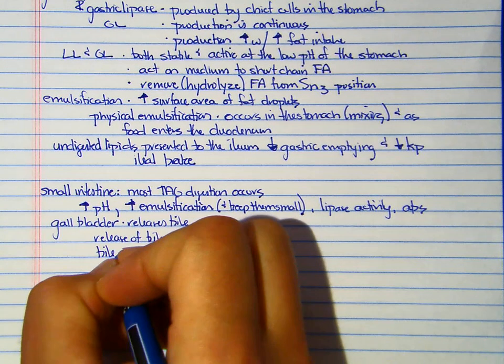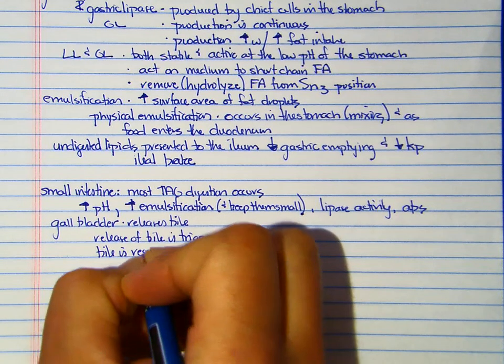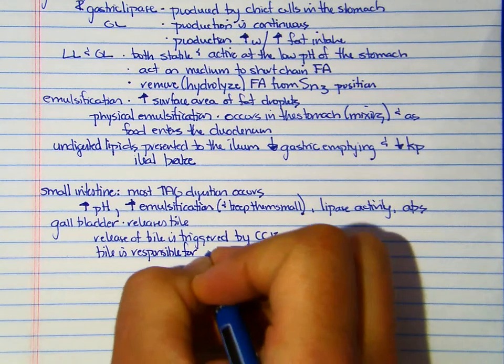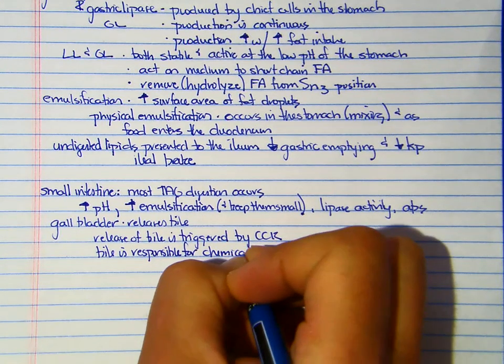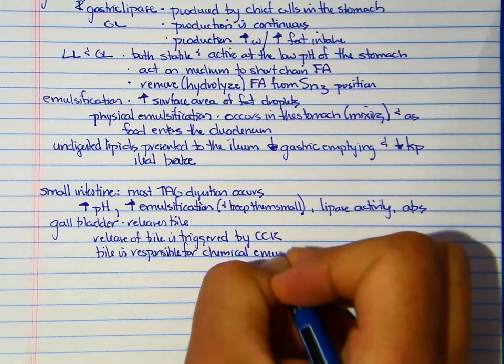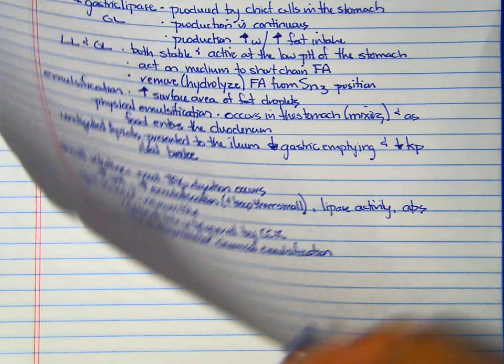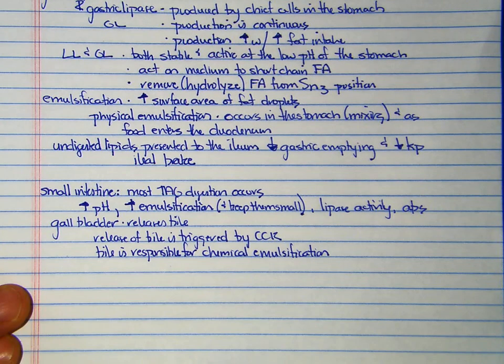Bile is responsible for chemical emulsification. With chemical emulsification, we have physical emulsification make a small droplet, and then basically bile is going to come coat that small droplet and stabilize it to keep it from forming bigger and bigger droplets.